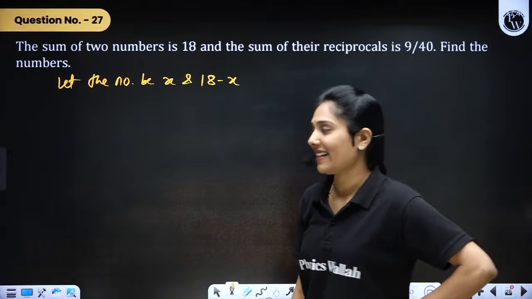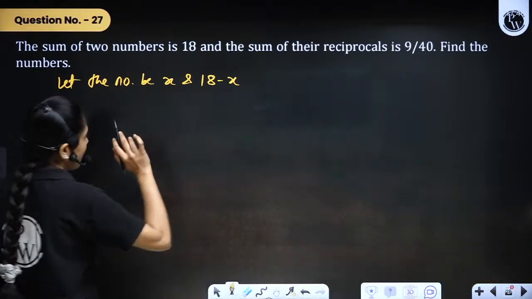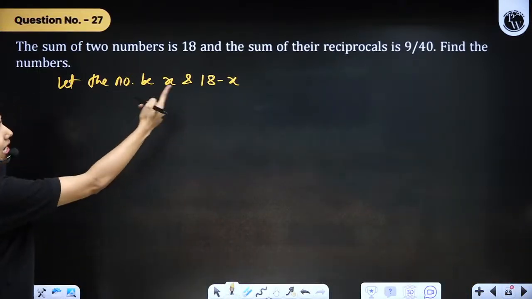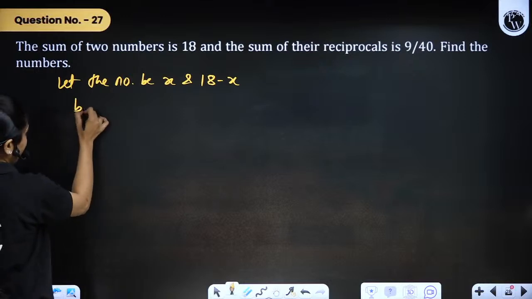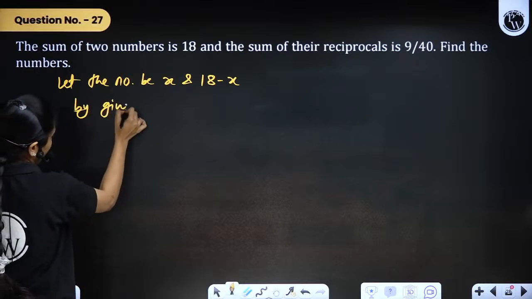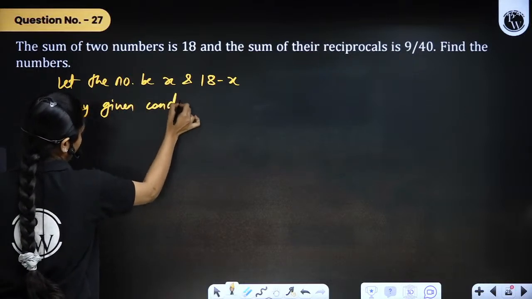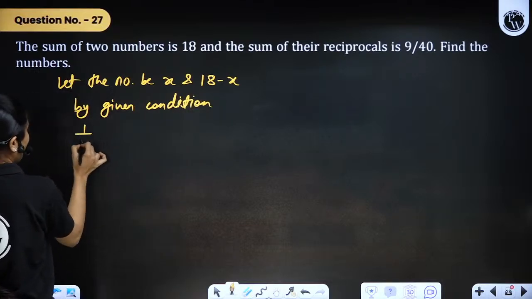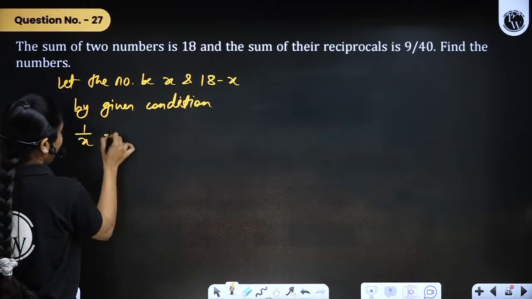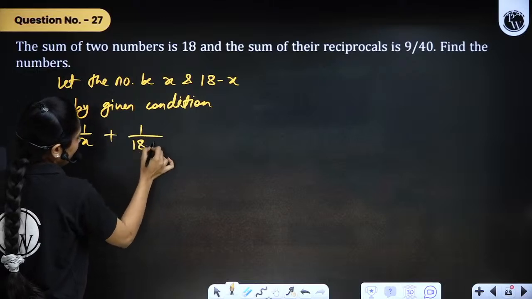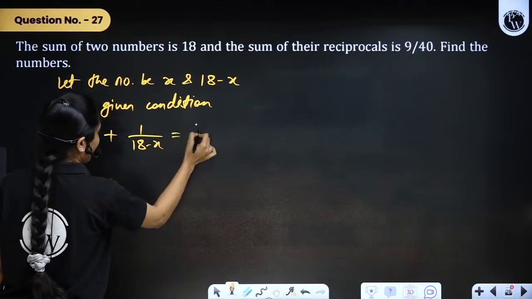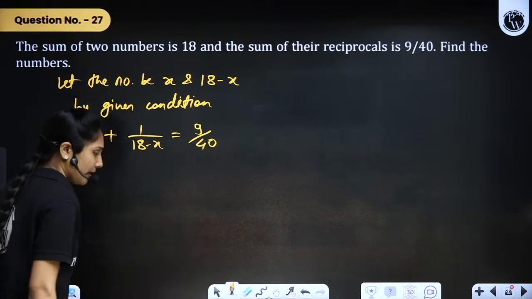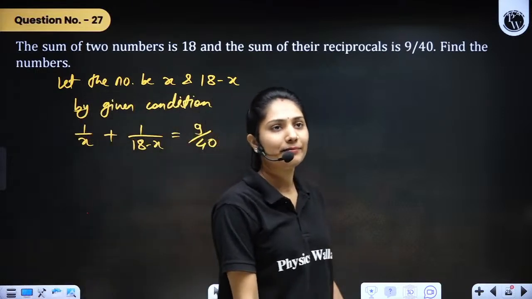Yes, we can. So since the numbers are x and 18 minus x, the sum of their reciprocals by the given condition, what does it say? Sum of their reciprocals means 1 by x plus 1 upon 18 minus x is equal to 9 by 40.